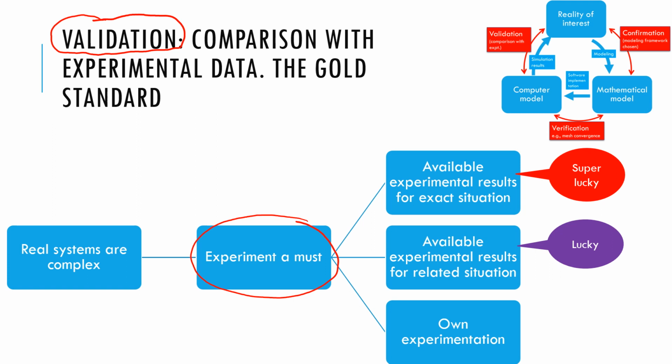We can think of three possibilities: available experimental results for the exact situation, or available experimental results for a related situation, or performing our own experimentation. Now, one has to be really super lucky that someone did all the experiments and collected data but did not model.